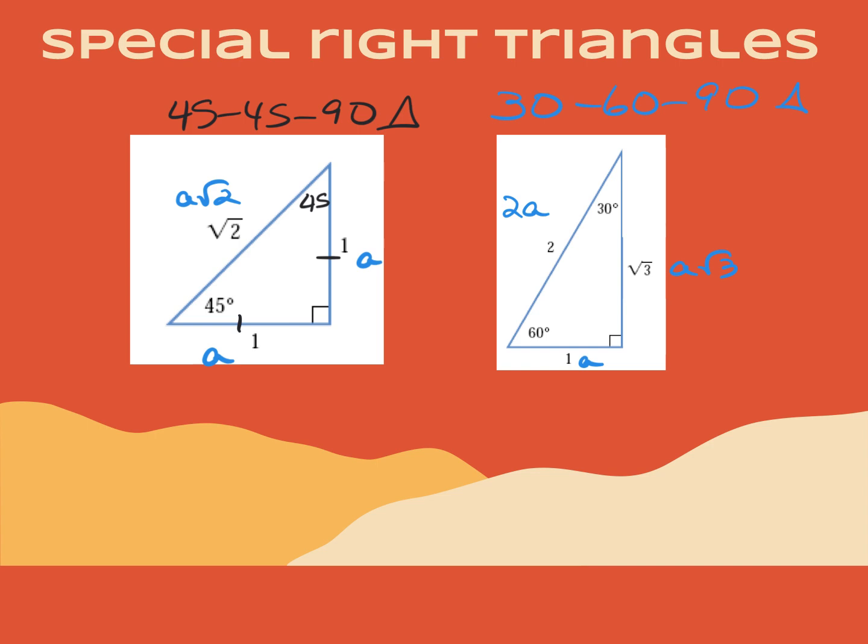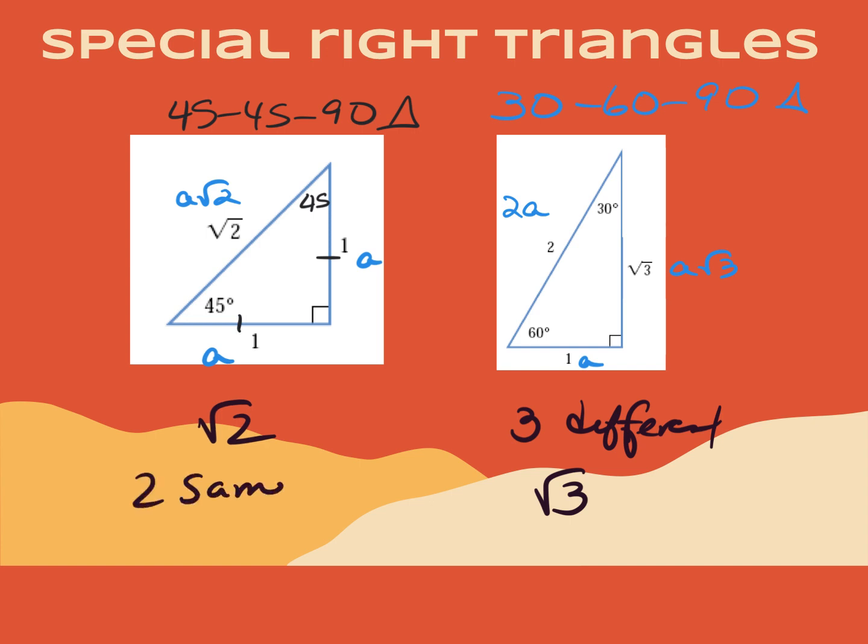So that helps me remember that this one gets the square root of 2. And in the 30-60-90, this one has 3 different angles, so I know this one gets the square root of 3. Whatever's going to help you to remember: this one has 2 same angles, and this one has 3 different angles. But again, whatever's going to help you.